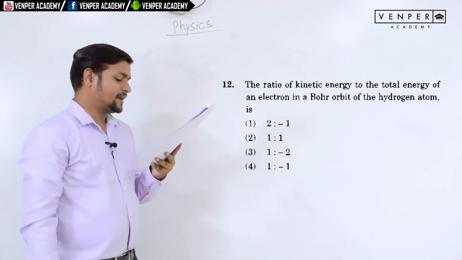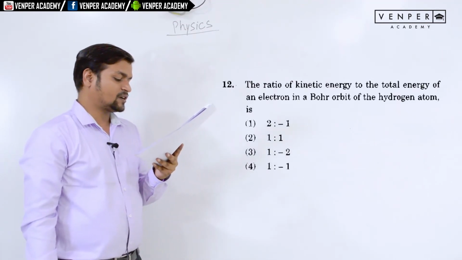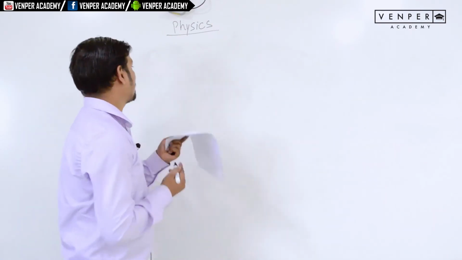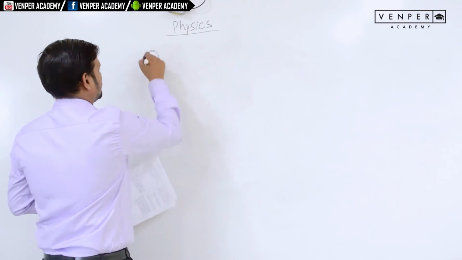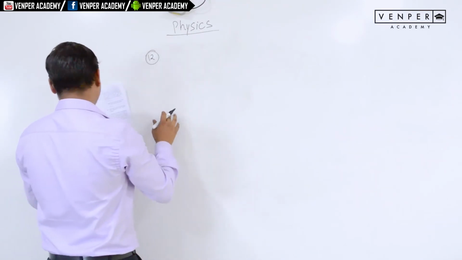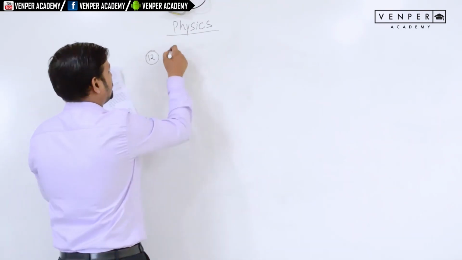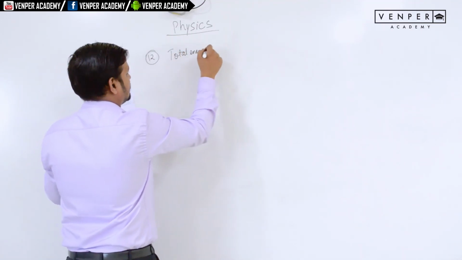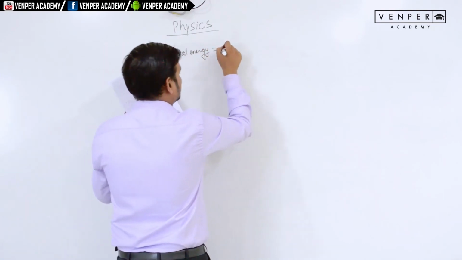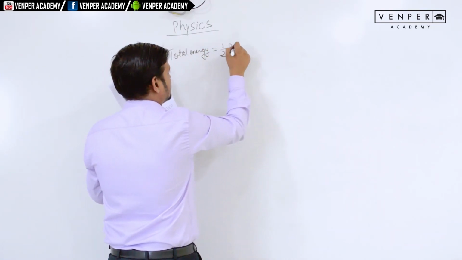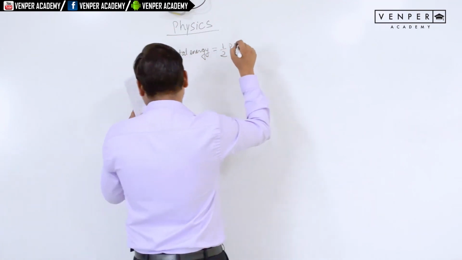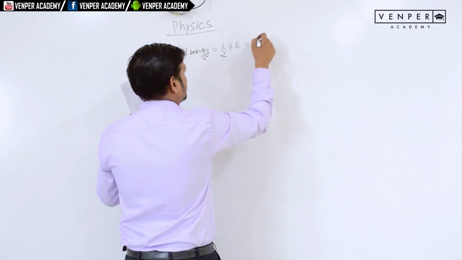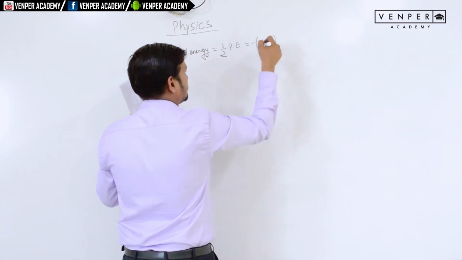Next, question number 12. The ratio of kinetic energy to the total energy of an electron in a Bohr orbit of the hydrogen atom is? Okay. See here, the ratio of kinetic energy to the total energy. Total energy is equal to 1 by 2 of potential energy of an electron, which is equal to minus of kinetic energy.